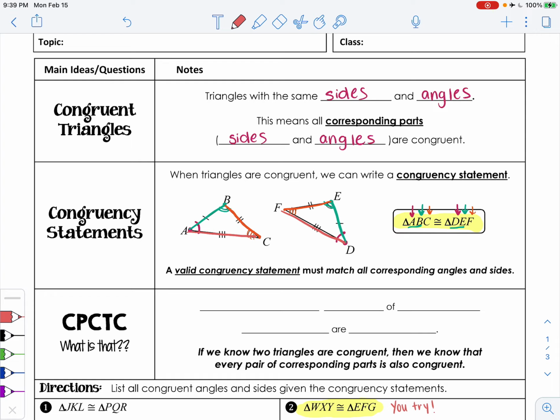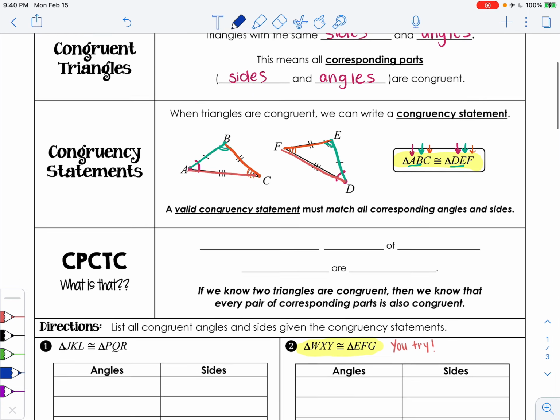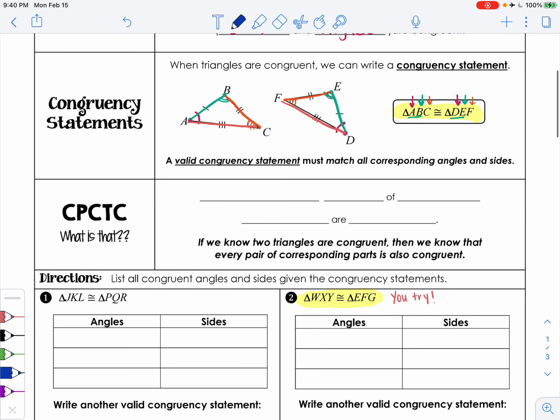Now, once we know that two triangles are congruent, we also know CPCTC. What does that mean? CPCTC stands for corresponding parts of congruent triangles are congruent.